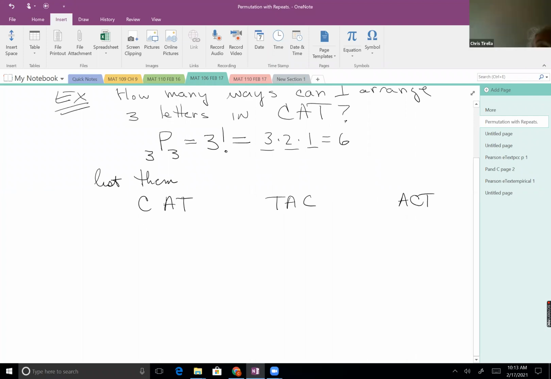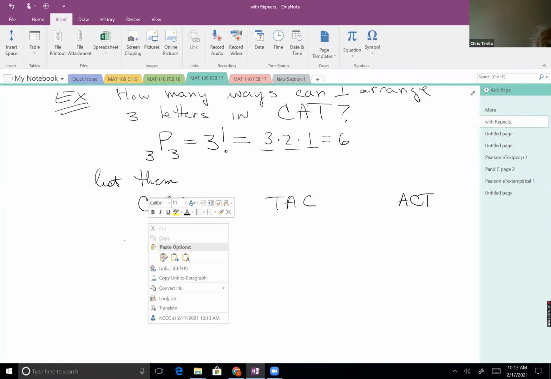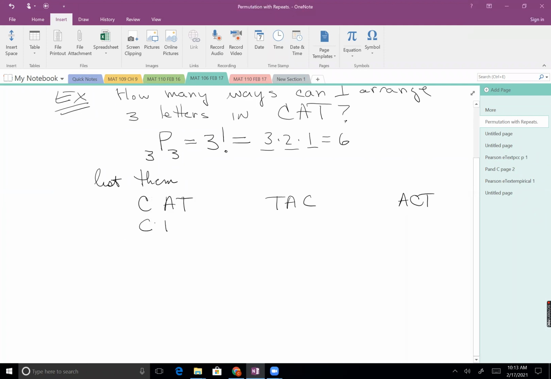Is there another one we can do where C is first? CTA. Beautiful. Is there another one with T first? So the words don't have to make sense. No, they don't have to. They're all made up. Okay. TCA and ATC. And so we've got all 6 of them.